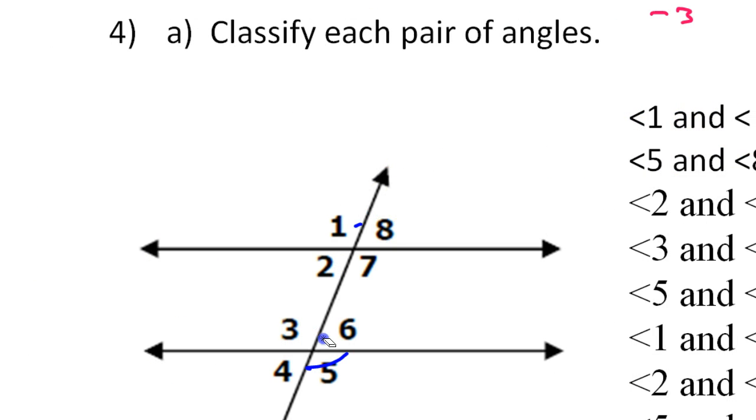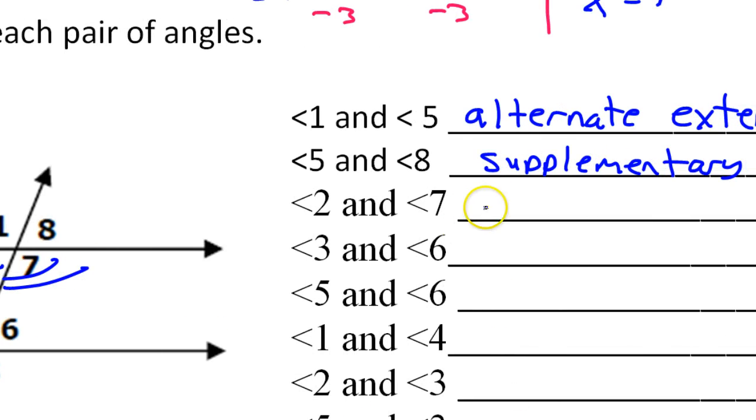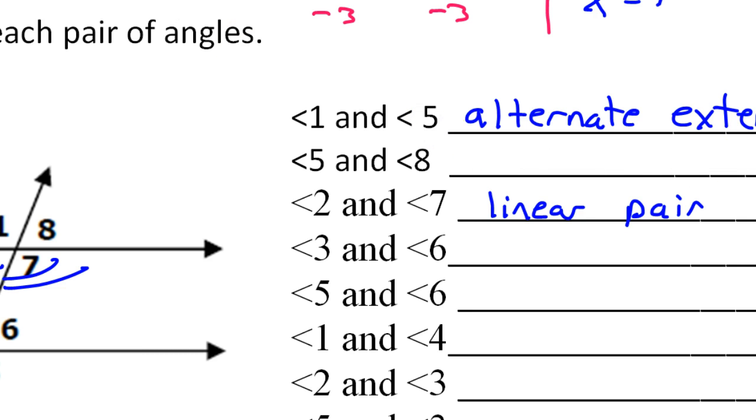Maybe I should have just left it. Anyway, 2 and 7 are a linear pair. Yeah, you know what, because I don't want to just put supplementary for everything, I'm going back to putting not applicable.